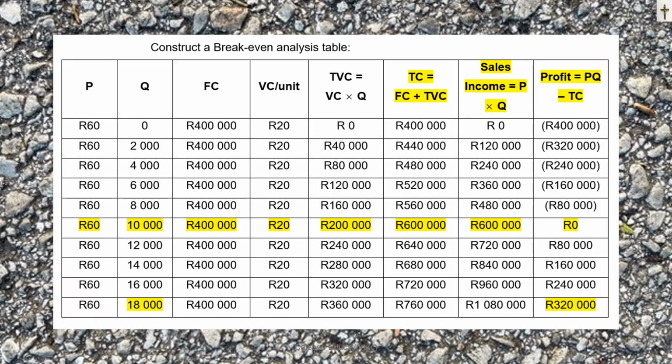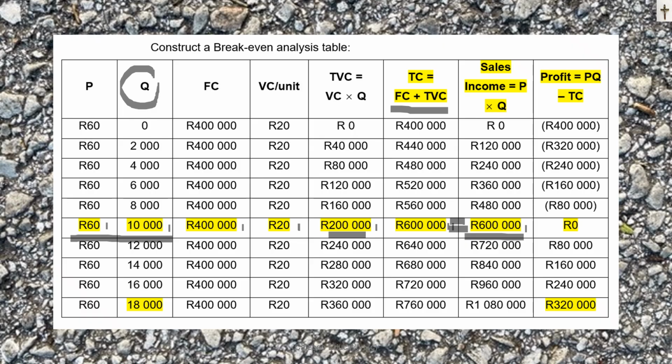So let me say that again. At the sale of 10,000 units at a unit selling price of 60 Rand, a fixed cost of 400,000, a variable cost per unit of 20 Rand, and a total variable cost of 200,000, that means the total cost, which is fixed cost plus total variable cost, is 600,000, and an income of 600,000. 600,000 is equal to 600,000.